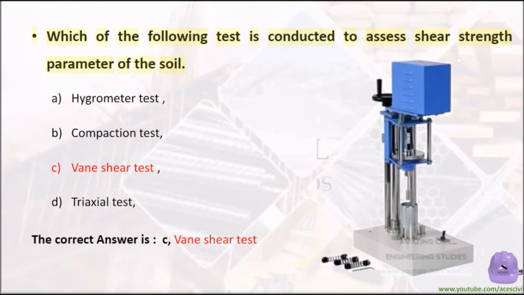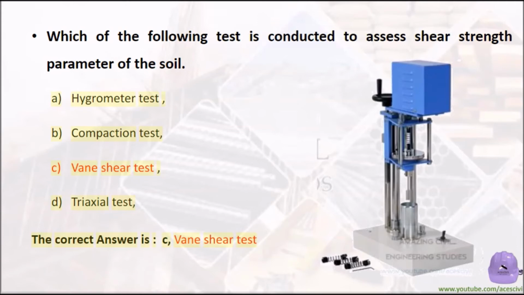Which of the following tests is conducted to assess shear strength parameters of the soil? A. hygrometer test, B. compaction test, C. vane shear test, D. triaxial test. The correct answer is C.